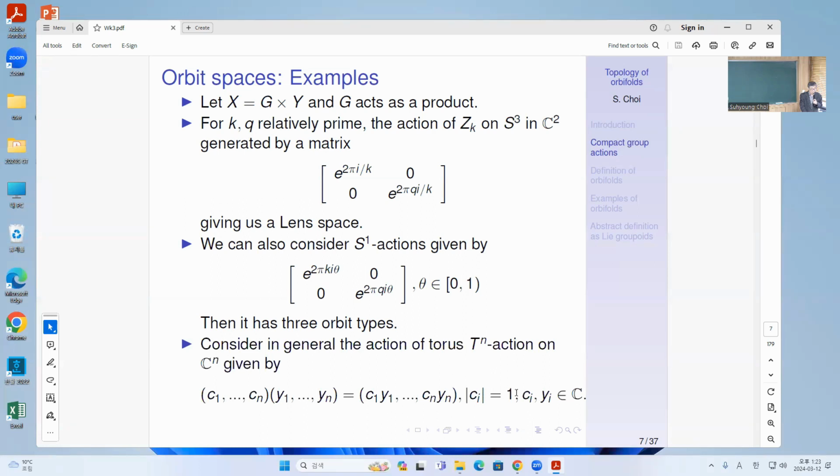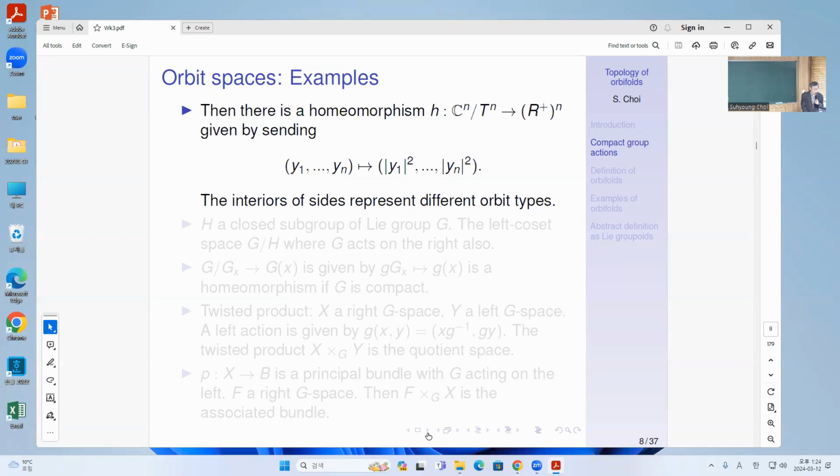If you restrict the ci to be 1, then this is S^1, and you have n of these, so you get the T^n action here. You multiply by this number, so T^n will act on C^n in this way. And of course, it will act on S^(2n-1), which is the unit sphere in there. So that gives you an actual example of an action.